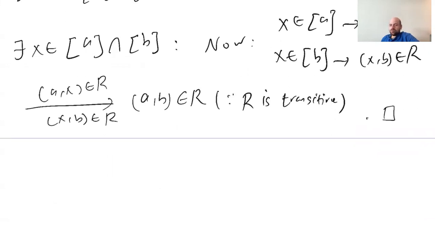We showed 1 implies 2, 2 implies 3, and 3 implies 1. So that means the conditions 1, 2, and 3 are equivalent.